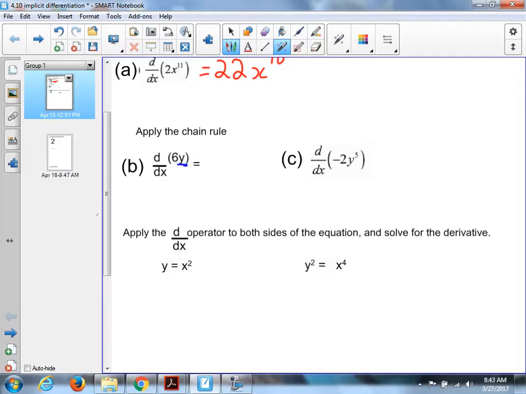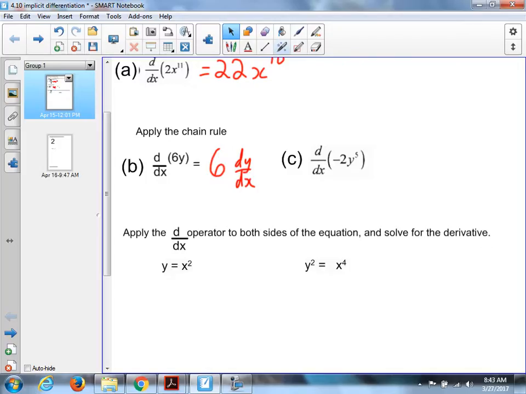So what we say is, it's equal to the derivative of the 6y, and y could be an expression with x's in it. If it was 6x, what would you say it is? 6, right? So I'm going to say it's 6, but the derivative of what's inside this y expression, I don't know what it is, so I'm going to just say dy by dx.